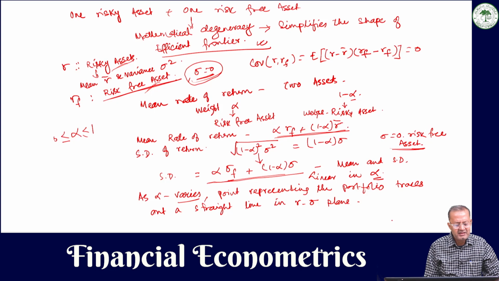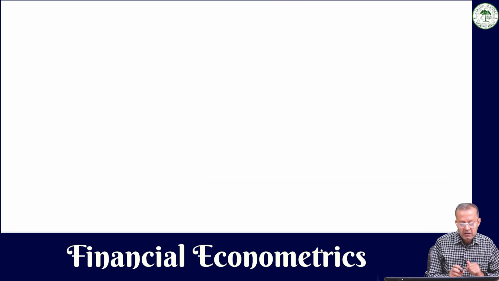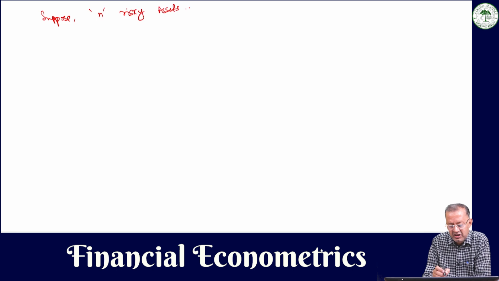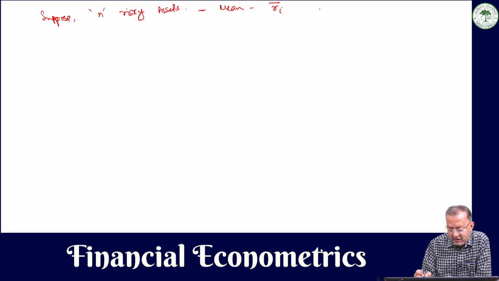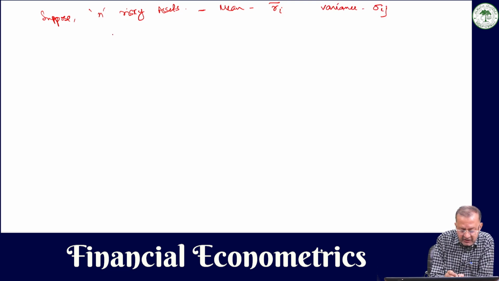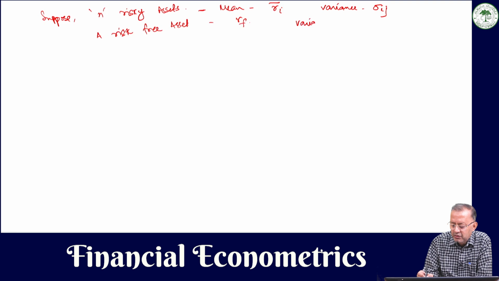Now, suppose we have n risky assets with mean rate of return Ri bar, and the variance-covariance sigma ij, and there is a risk-free asset with a fixed rate of return RF, and the variance here will be equal to 0.